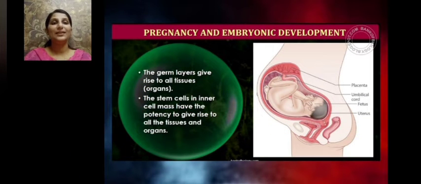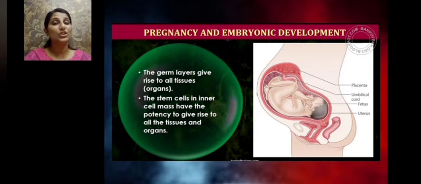The germ layers, the ectoderm, mesoderm, and endoderm, give rise to all the tissues. They undergo division, multiply in cells, and differentiate to form tissues. The stem cells in the inner cell mass have the potency to give rise to all the tissues and organs.